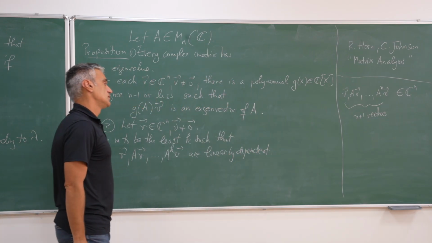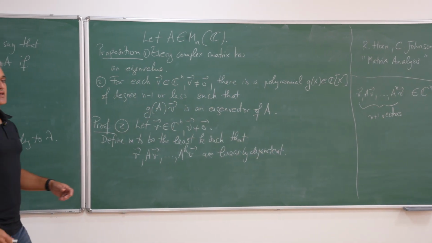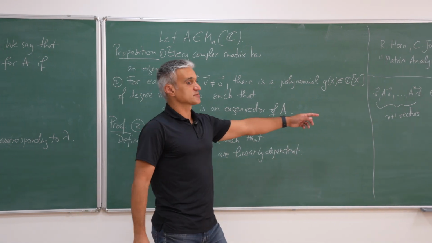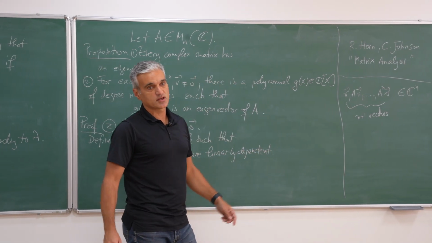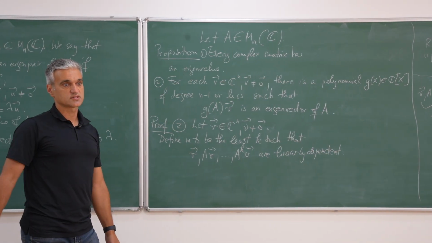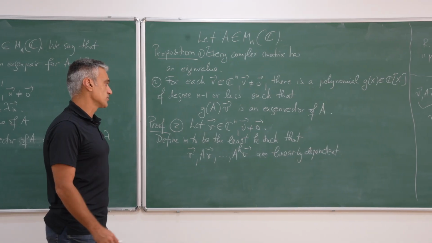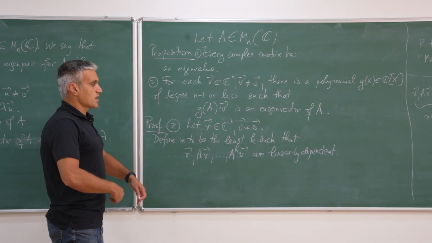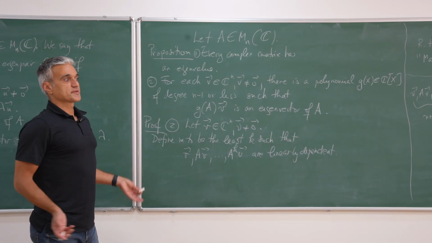So clearly, such a k exists because n satisfies it, but maybe you got lucky and there's a smaller exponent, so you can just take the smallest one of them. So now you basically just work out what that means.